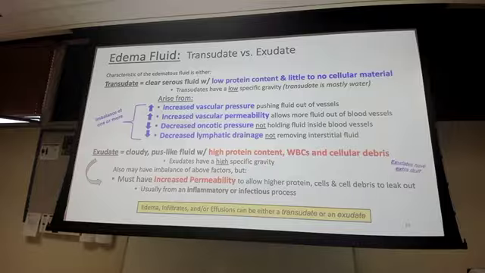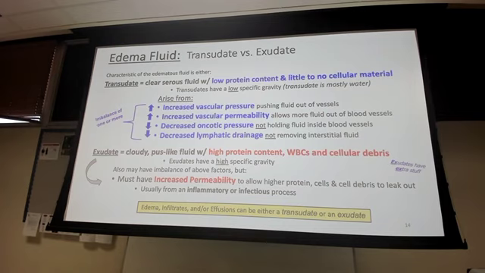Now there's two words here: transudate and exudate. Transudate means that fluid has low cellular content and low protein because there's not that significant an inflammatory process. So we're still releasing fluid, but we're not opening up those gaps completely to allow those big things to actually escape. The same things that cause edema can cause this.